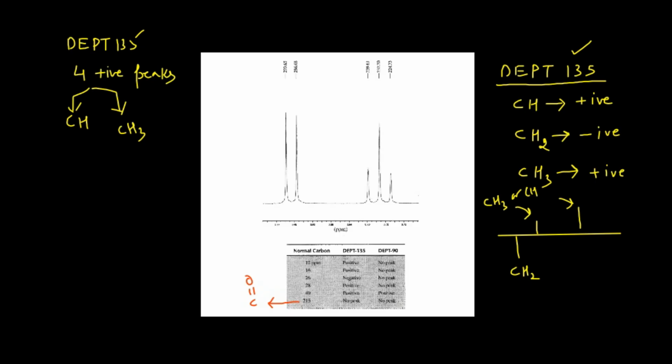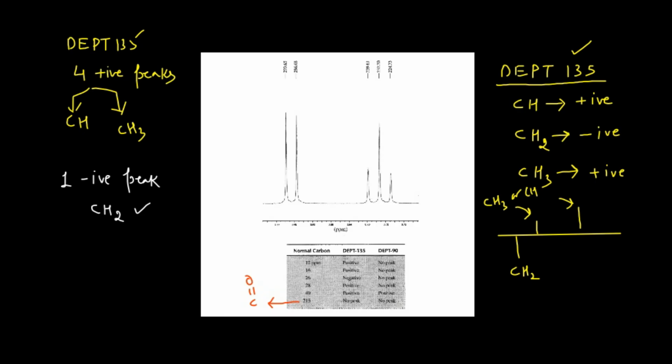And then you can see here, this is your negative peak. Negative peak means your carbon which is connected with the 2 hydrogens, okay? So one negative peak is there, so I'm writing, it clearly indicates that your molecule is also having a CH2 group, okay?